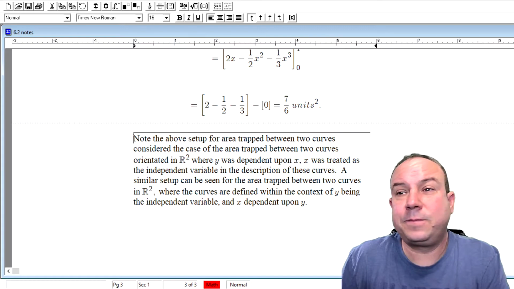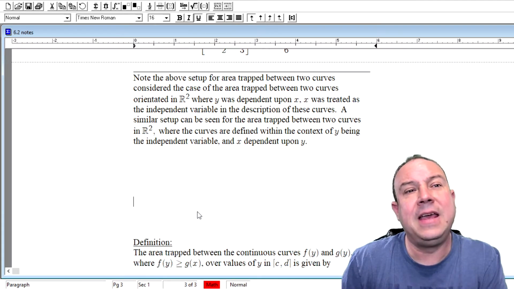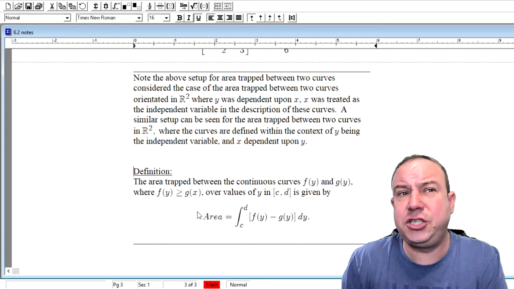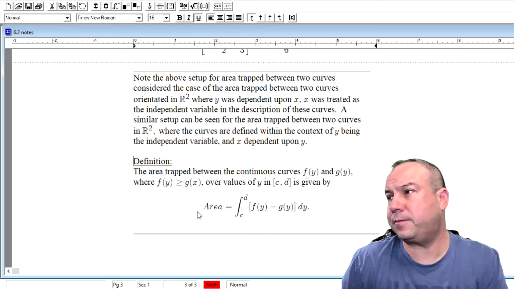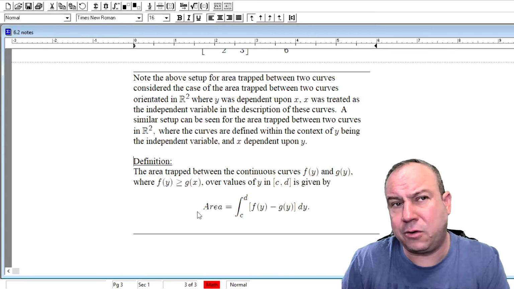Right, if we go down and look at the definition for what I'm referring to, it doesn't look too much different from the definition we've seen above for the classical orientation.